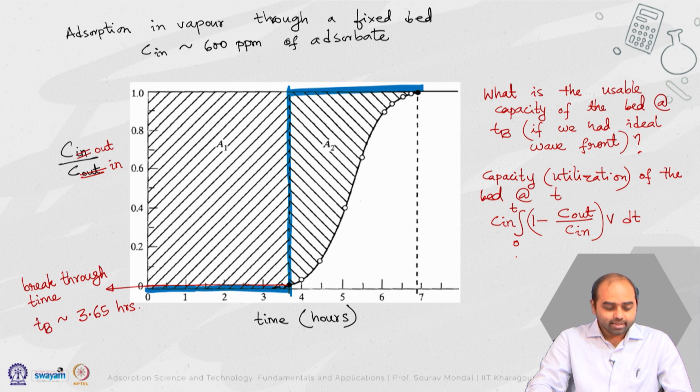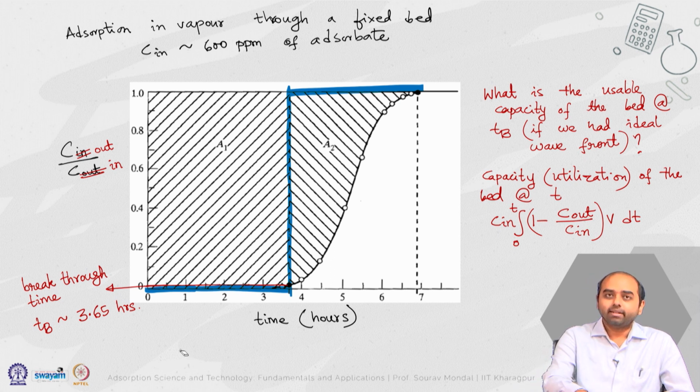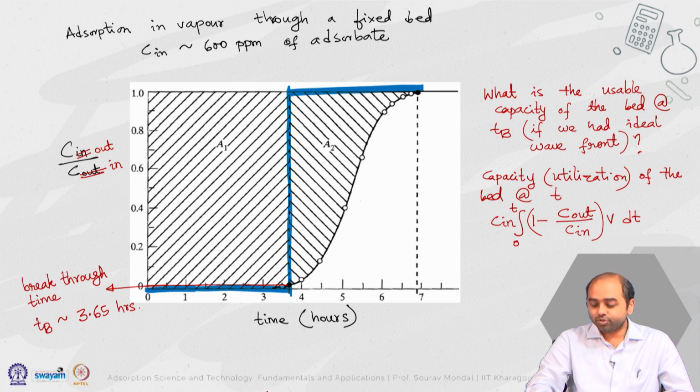Now, since we are considering it to be an ideal wave front, the area of the rectangle of this portion before it reaches breakthrough and after it reaches breakthrough in the non-ideal scenario, the ratio of these two times would be sufficient.